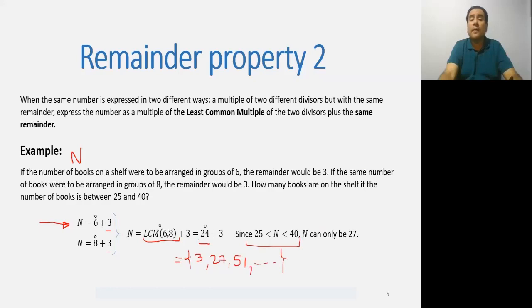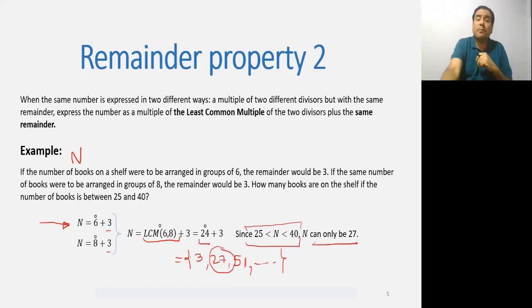But from those values, you can see the only one that fits this interval is 27. So that must be the answer to the question. Okay, so you can use this property in this way to combine two remainder structures that have the same remainder.